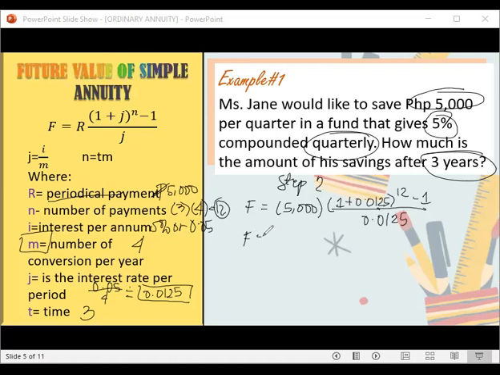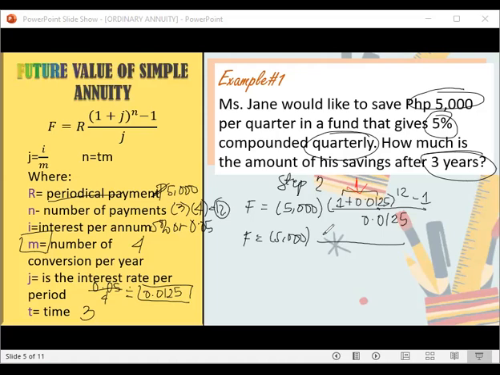So now, let's use the step number 3, which is simplify using GEMDAS. So, ano yung uunahin natin dito? So, syempre po, ang uunahin natin is the parenthesis. Ayan, ito po. So, 1 plus 0.0125. So, copy muna natin itong 5,000. So, add lang natin itong dalawa.